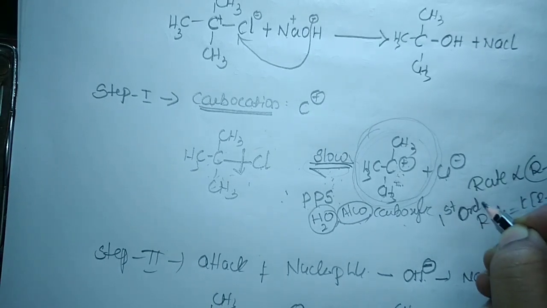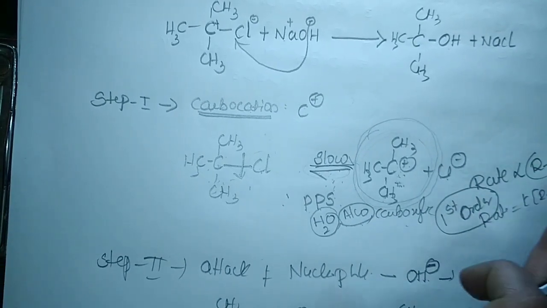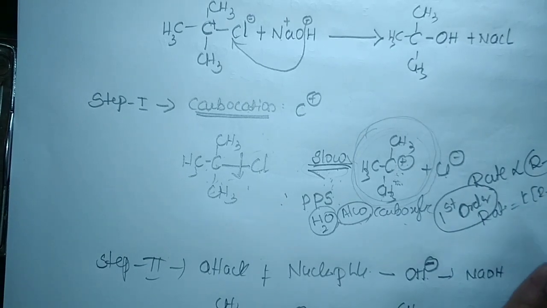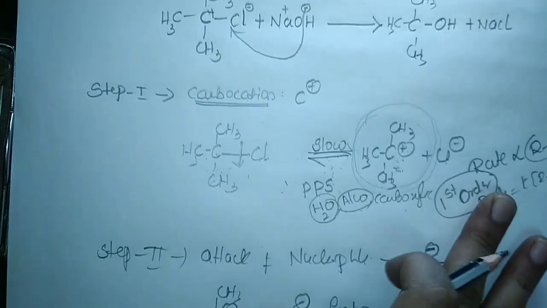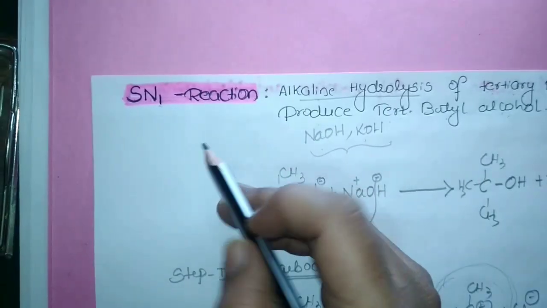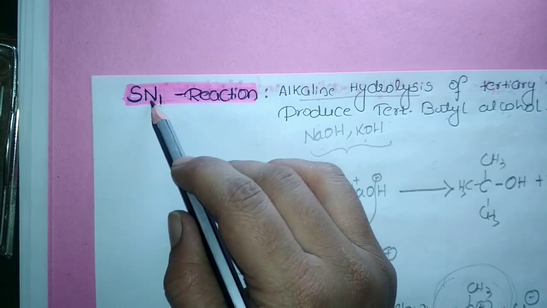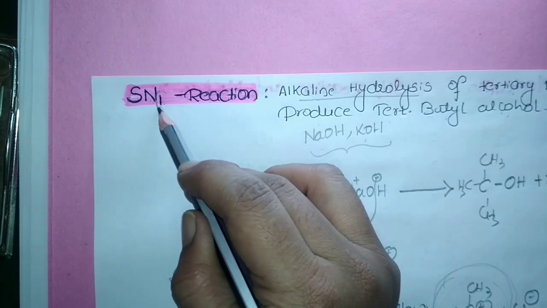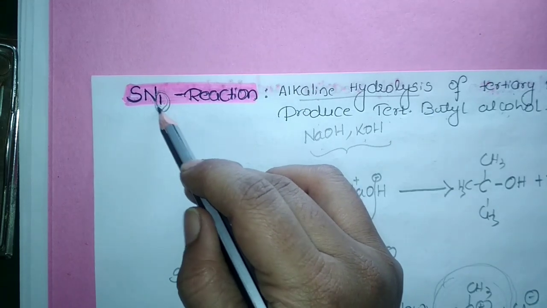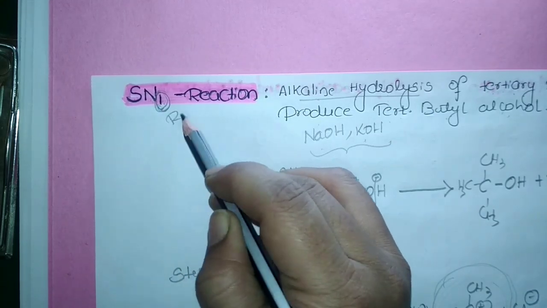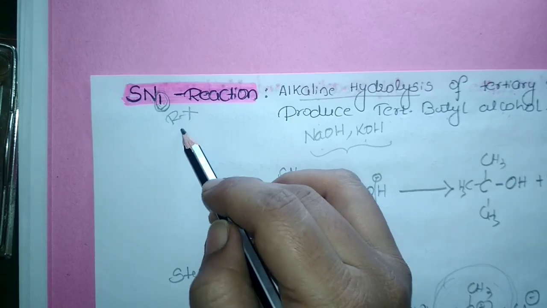Okay, first order mechanism. This is how the reaction takes place. Slowest step, first order reaction. That is why we call it a unimolecular nucleophilic substitution. Unimolecular means the rate depends on the concentration of only the alkyl halide, not on the nucleophile.